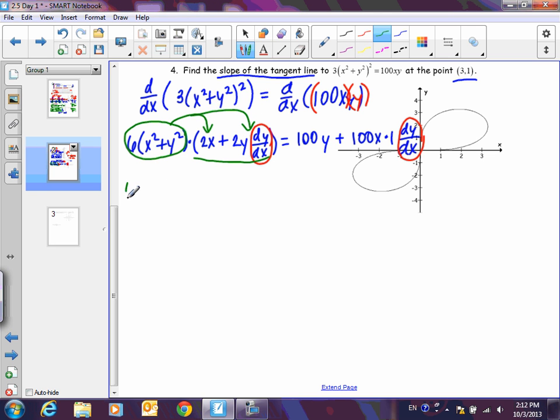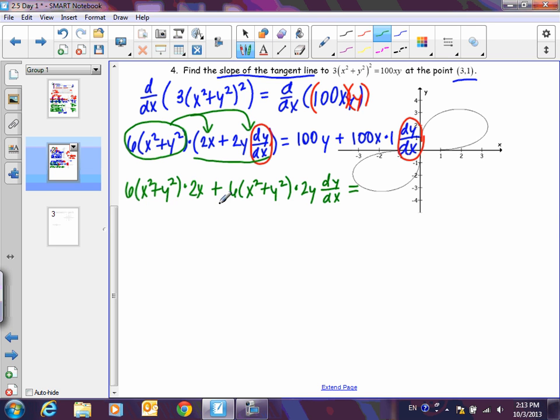Okay, so I'm going to write this down. 6 times x squared plus y squared times 2x, okay, I distribute it to the first thing, plus, now I've got to distribute to the second term: 6 times x squared plus y squared times 2y dy over dx.